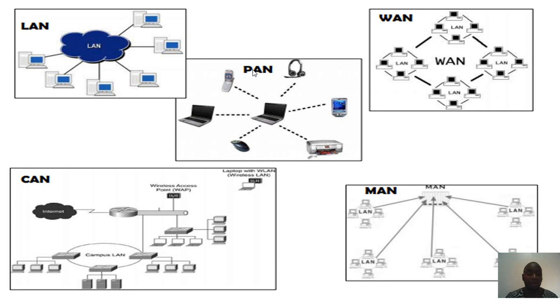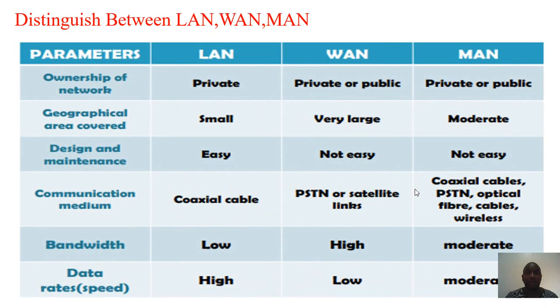That's an example of a personal area network. Another one is a wide area network, and we have the control area network. We have the metropolitan area network. You can see we have the distinction depending on how they fall into place.